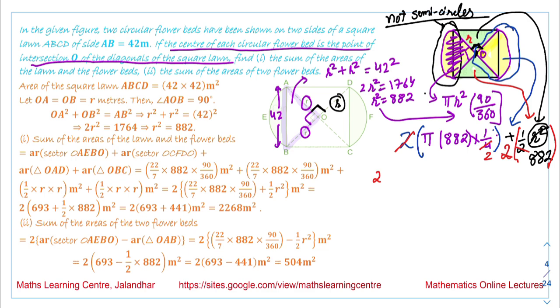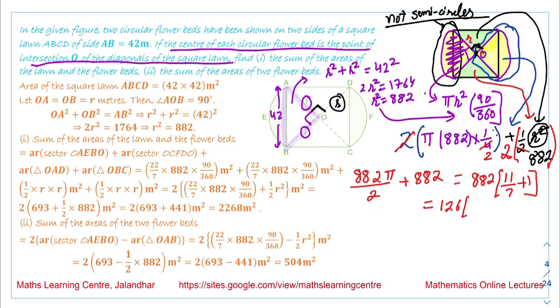So what we are left with is 882 pi by 2 plus 882, and on solving this you will get 882 into 11 by 7 plus 1, and this value comes out to be 126 into 18, and this is equal to 2268 meter square. So this is the area of this complete figure.